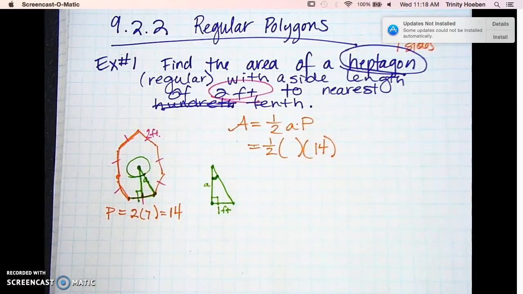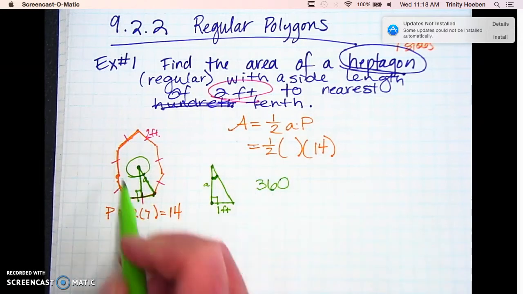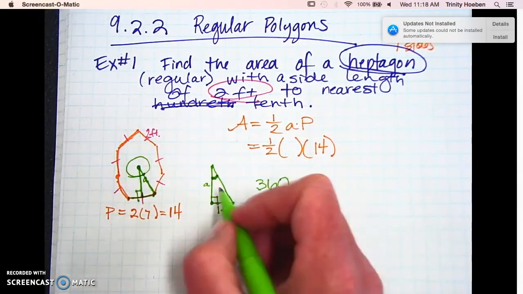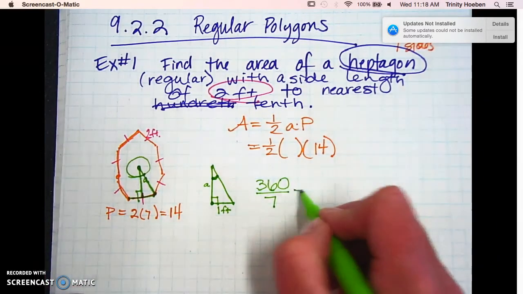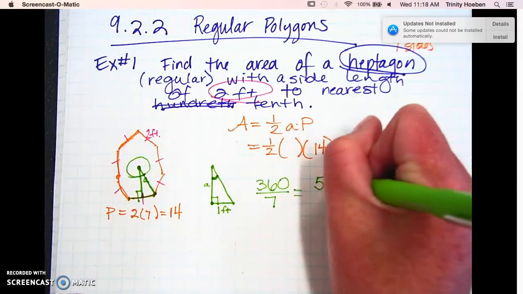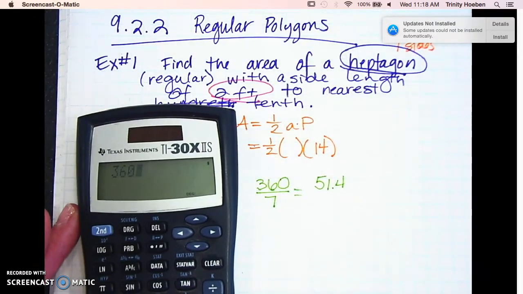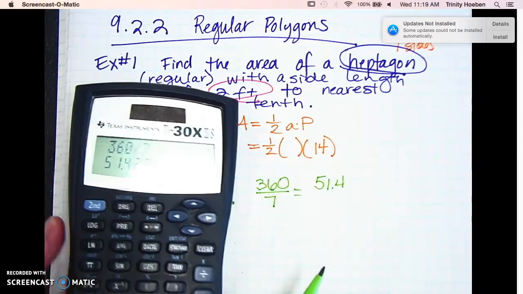Circles have how many degrees? 360 degrees. And we can divide this into 7 sides. So if we take 360 and divide it by 7, we get roughly 51.4. You simply do that on your calculator. You type 360, divide it by 7. You get this decimal, I rounded it to 51.4.